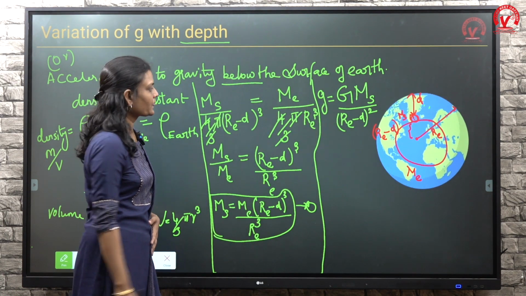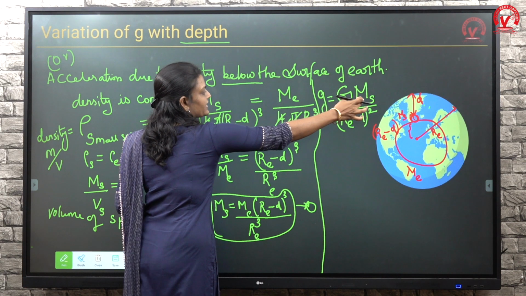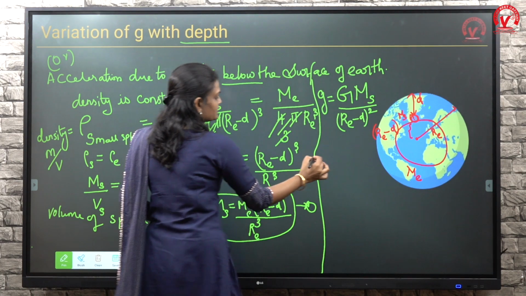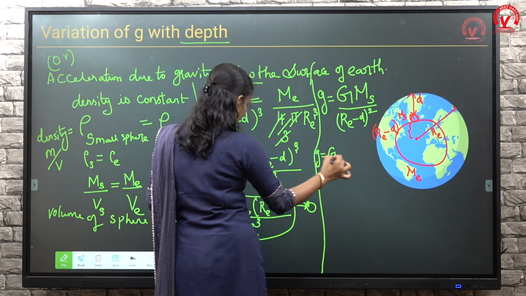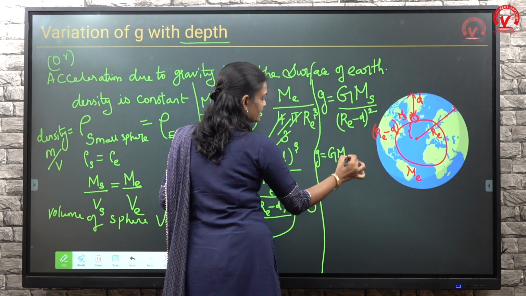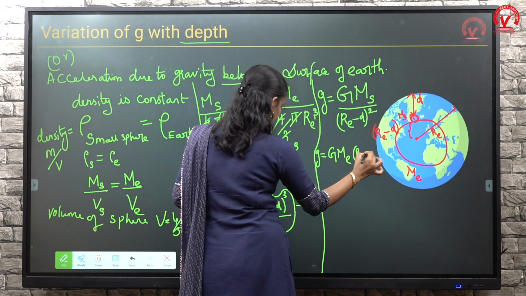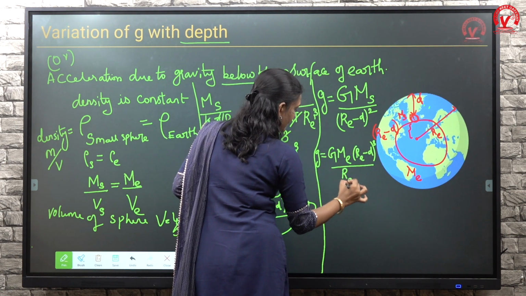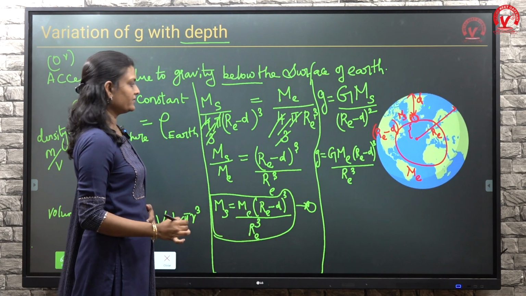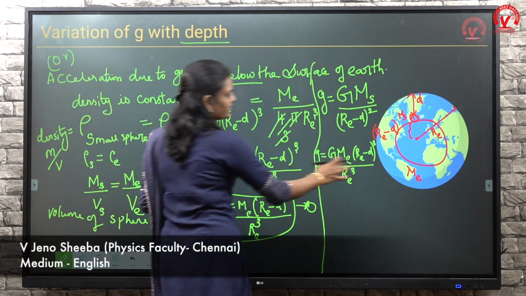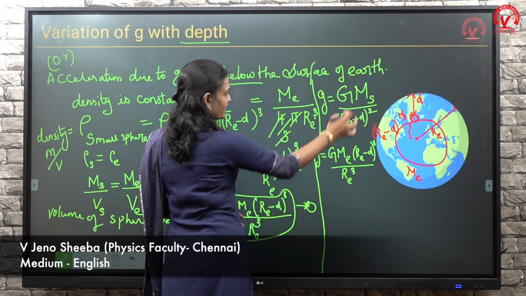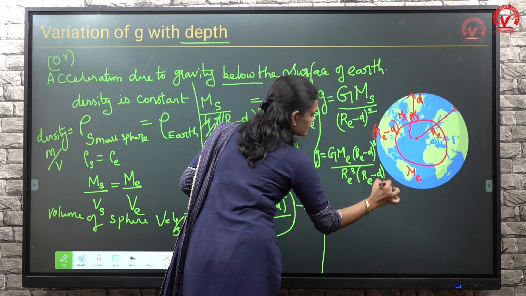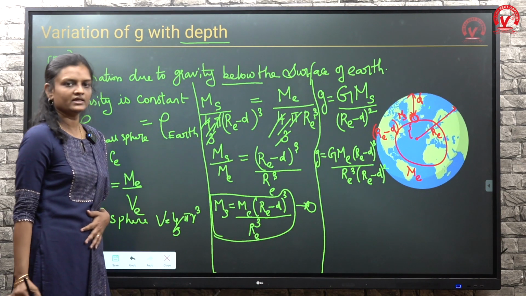Now we substitute Ms from equation 1 here. So g is equal to G times Me times Re minus d the whole cube divided by Re cube, divided by Re minus d the whole square.